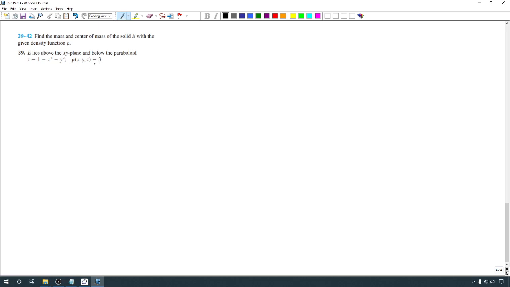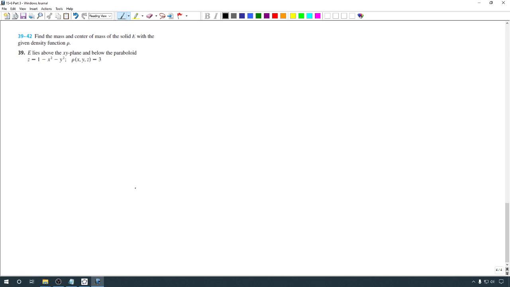That will at least make the integrands very nice, and it'll allow us to view this as just the center of mass of the region that we look at. We don't have to worry about different densities. It'll definitely make what we end up getting look like the center of the solid that we draw.